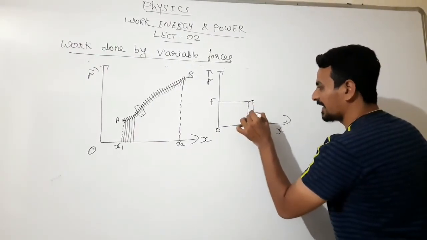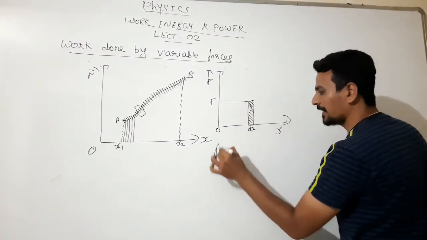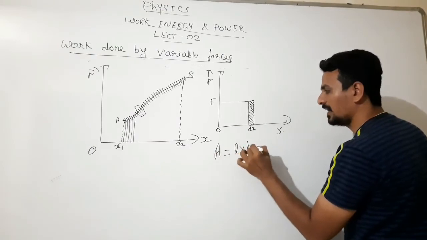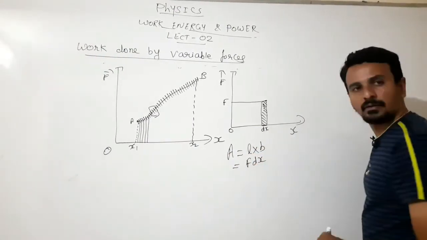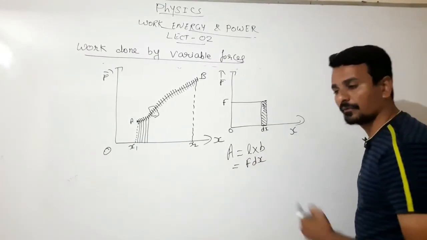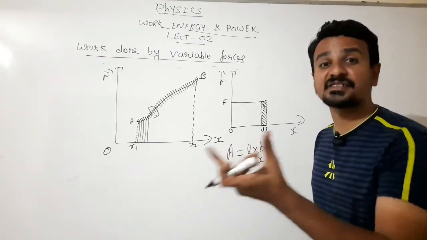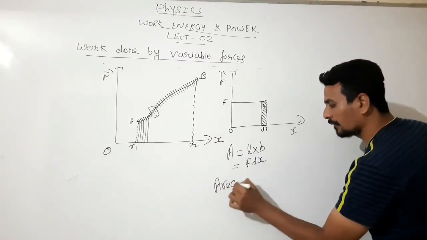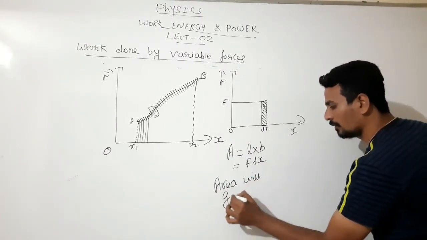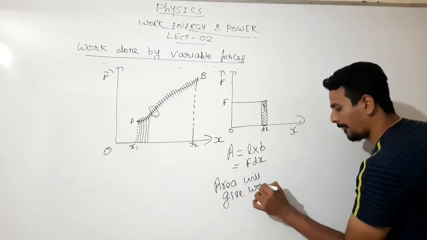So it is a rectangular strip. What is the area of a rectangle? L into B. Over here it will be F into dx. But what was F into dx? Work done, the work done to displace the object by dx. So ultimately, area will give work done.